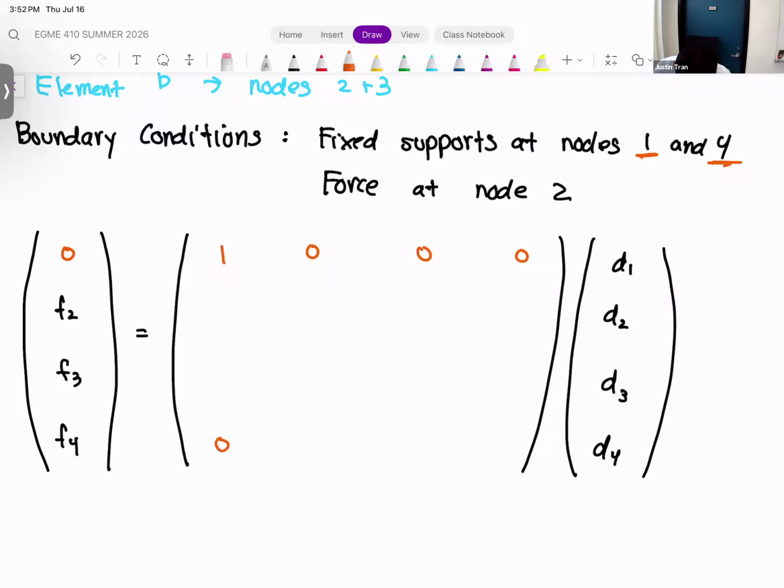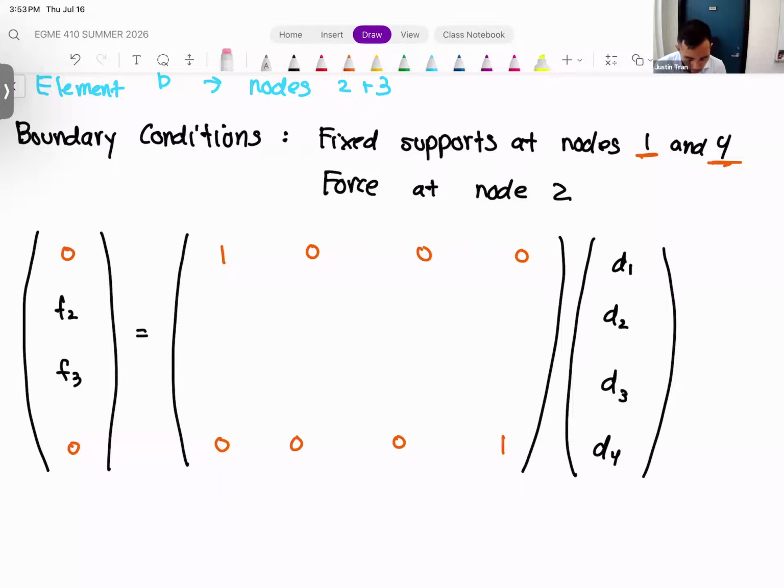So the fourth row is going to look like this: 0, 0, 0, 1. Zeros in every entry except for the main diagonal, which is the fourth column. And just like before, we set F4 equal to 0. Okay, so those are our fixed supports.